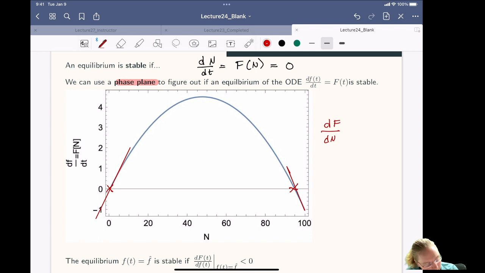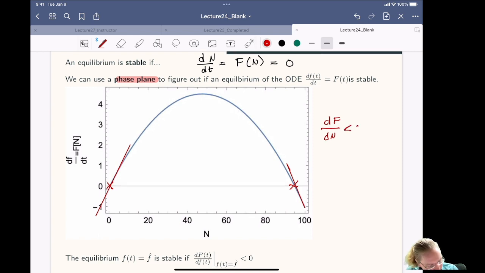I'm going to claim that if this is less than 0, then the system is stable, and that means that we go to this equilibrium. So if we take the derivative of a function and plug in the equilibrium, and that is less than 0, then we will end up going to this equilibrium.